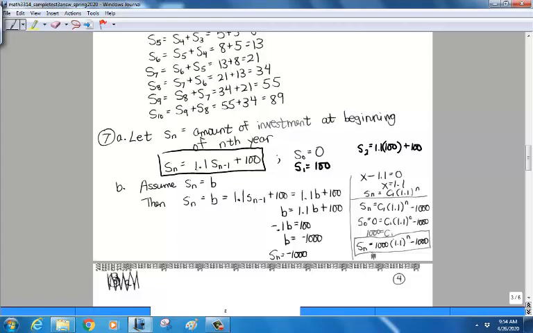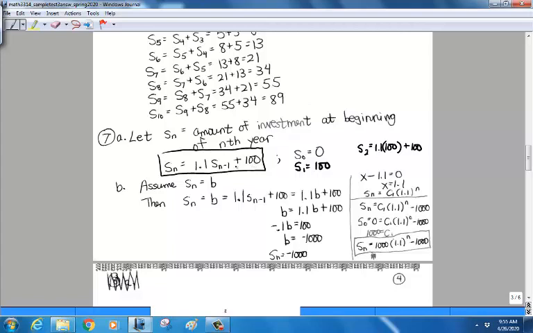Notice that in your recurrence relation, you have this one recursive term on the right-hand side, but then you have this 100, which is a non-recursive term. So here we're solving a non-homogeneous recurrence relation. In the notes we talked about solving non-homogeneous recurrence relations, and here's how it goes.